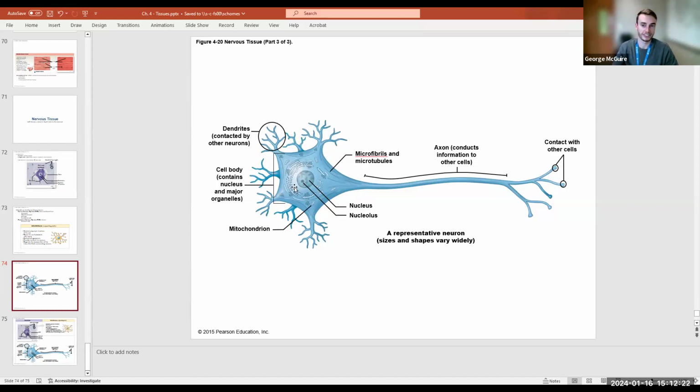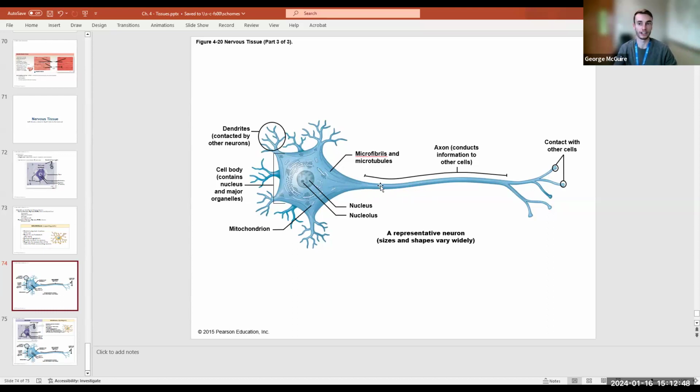And then any information that's going to be sent out of this neuron needs to travel down the axon, which is this long tail-looking thing here, until we reach what will be the synapse. So the synapse is the space between neighboring neurons. So we have our cell body with all the major organelles. We have dendrites, which are named after tree branches, essentially, and they look like tree branches.